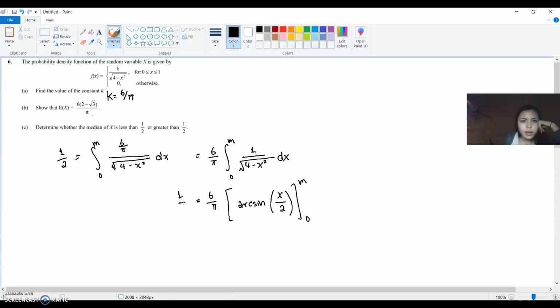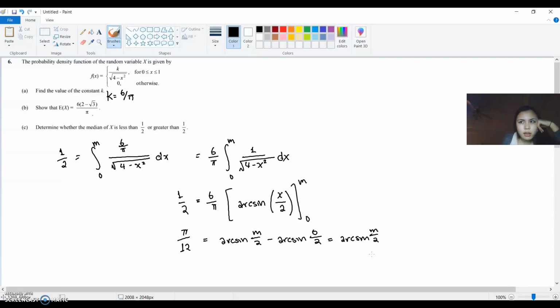And this equals 1/2. Alright, that's pretty easy to solve. Let's move the pi and the 6 over, pi over 12. This equals arc sine of m over 2 minus arc sine of 0 over 2, which equals arc sine of m over 2.